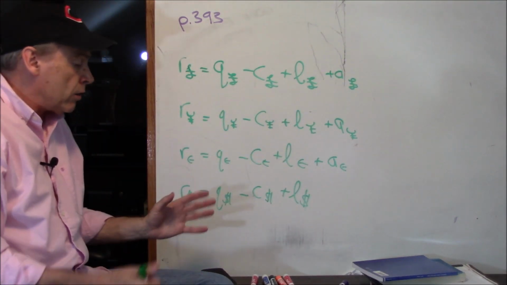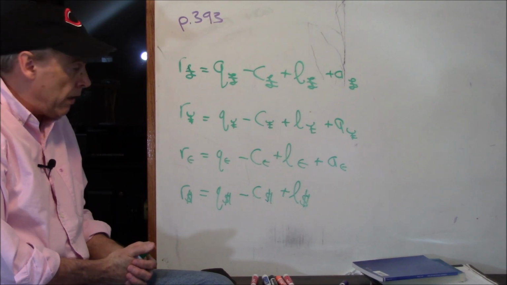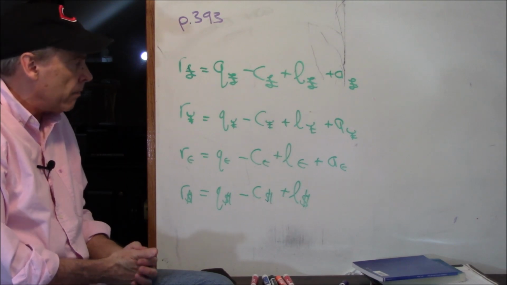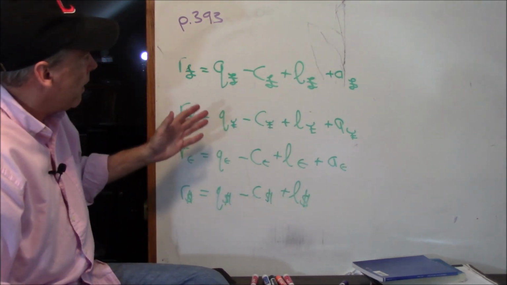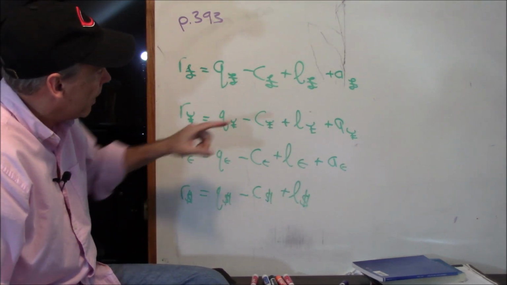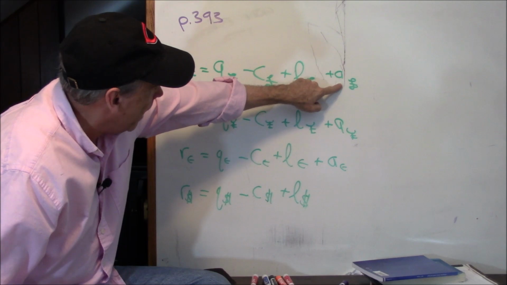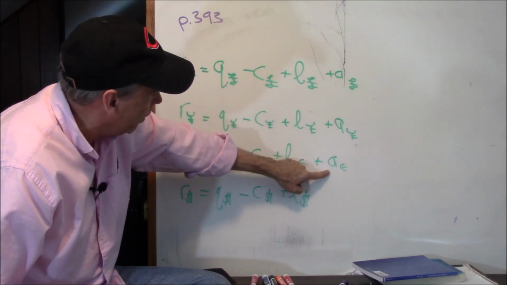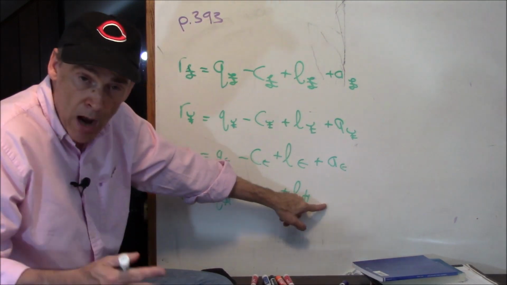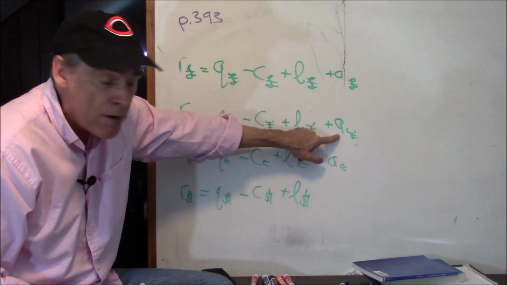Also, what Kaltenbrenner and all of them suggest that you do is that we could have done this with any of them, right? We could have said, hey, let's make it relative to the yen. So this is how much the pound will appreciate relative to the yen, how much the euro will appreciate relative to the yen, and how much the dollar will appreciate relative to the yen. And we would have left nothing there at all, right?